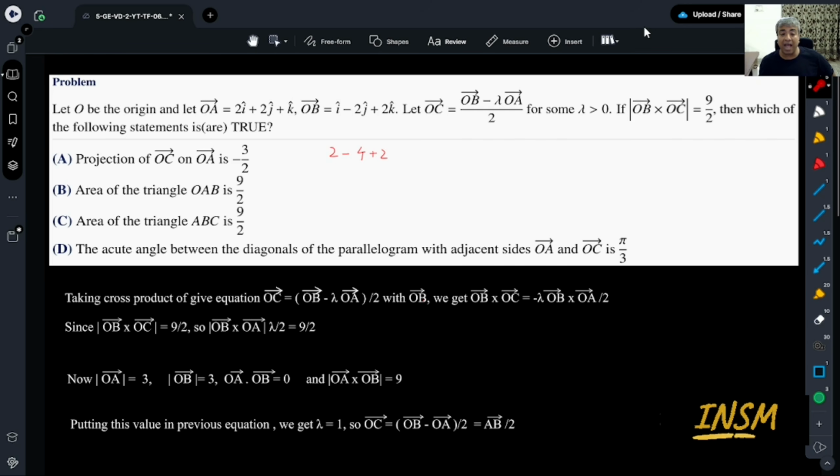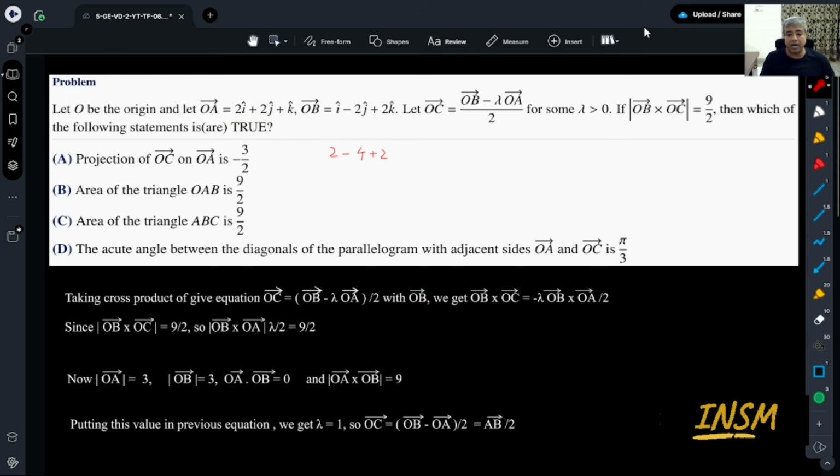So triangle OAB is a right angled isosceles triangle, and now it is very easy for us to find mod of OA cross OB. Because the angle between OA and OB is 90 degrees, it will be simply mod OA into mod OB. So mod OA is 3, mod OB is also 3. So mod of OA cross OB is 9. We don't need to do cross multiplication between these two vectors using determinants.